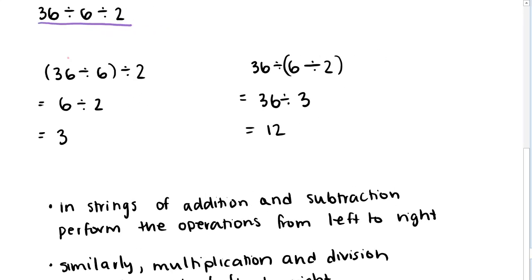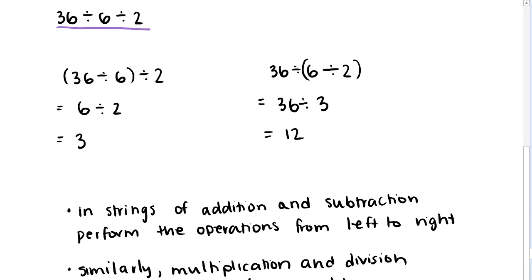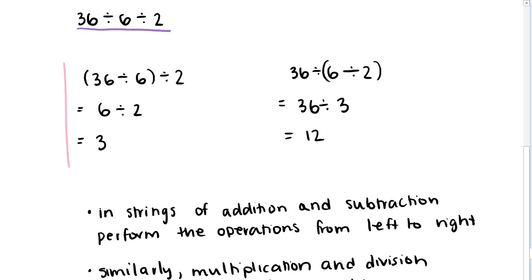What I'm trying to say is that the way we would normally look at this expression is as if the parentheses were wrapped around the first two quantities, 36 and 6, because here we perform multiplication and division from left to right. And again, there's no priority between multiplication and division. I'm just saying that we read them and perform them from left to right.